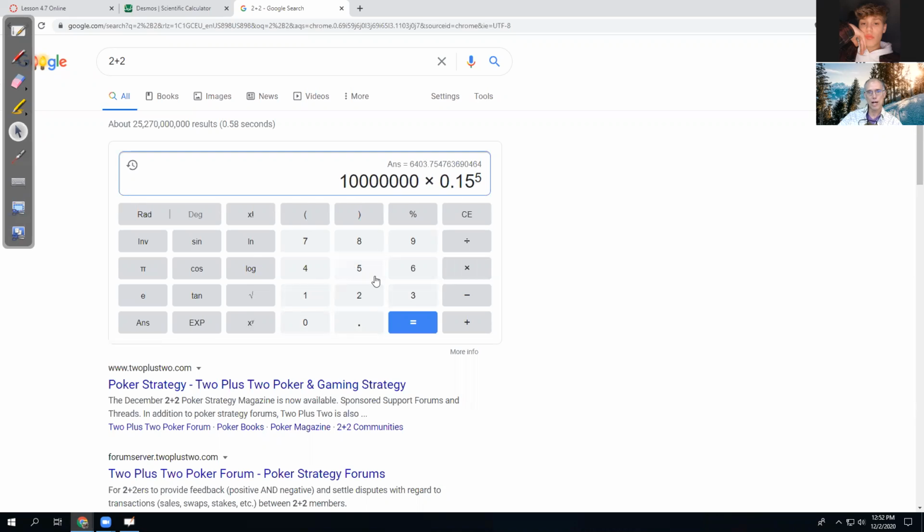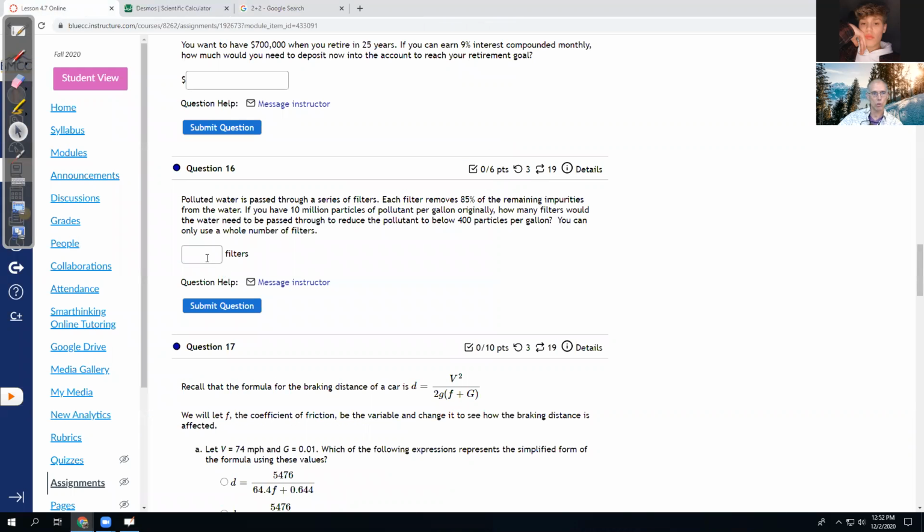If I only use 5 filters, then I'm down to 760 particles per million, which isn't close enough to the 400. If I jump to 6 filters, I take my 10 million times that base, 0.15, but this time raised to the 6th power, and now I have it below 400 particles per million. So I've got to go with 6 filters, not 5. This isn't a straightforward rounding. We've got to go with 6.